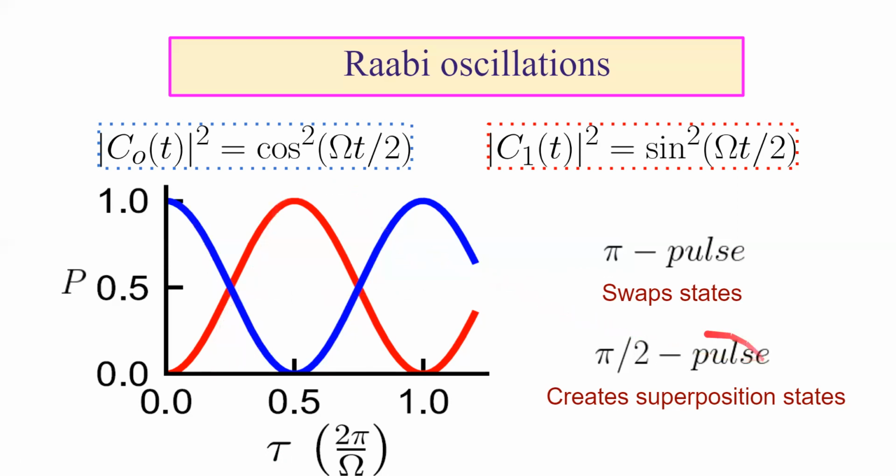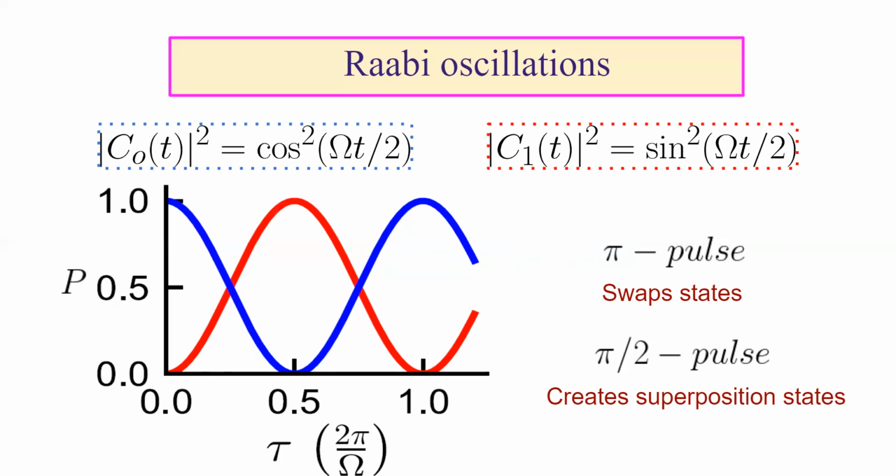So using different kinds of pulses, we can manipulate the qubit in different ways, and that is the core of quantum computing. You have qubits, but you've got to control them. You've got to manipulate them. How do you manipulate them?